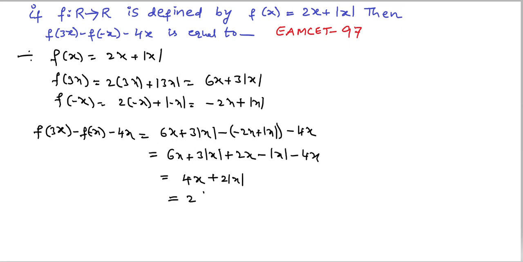Take 2 common: 2 into 2x plus mod x, and f of x is given in the problem as 2x plus mod x. So the value is 2 into f of x.